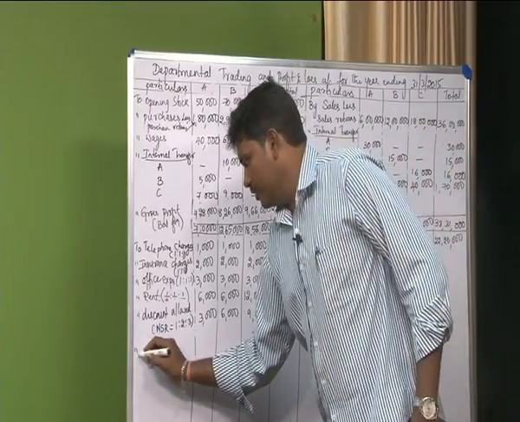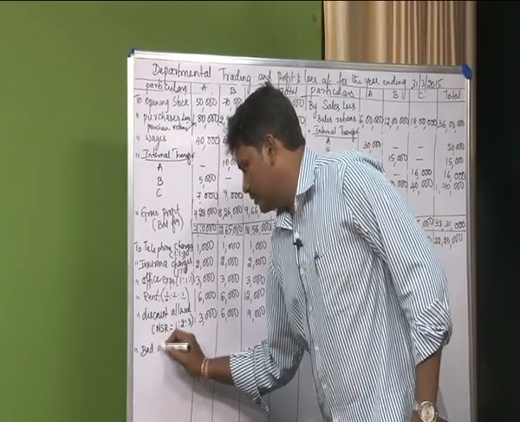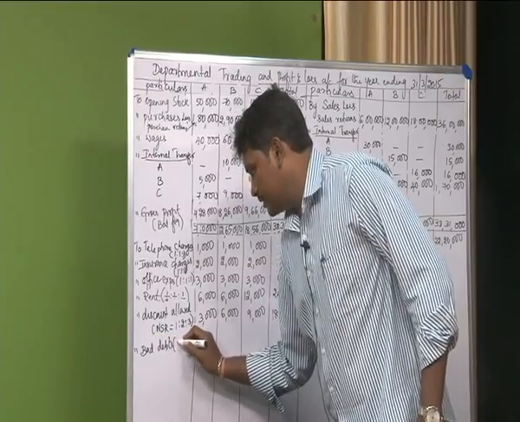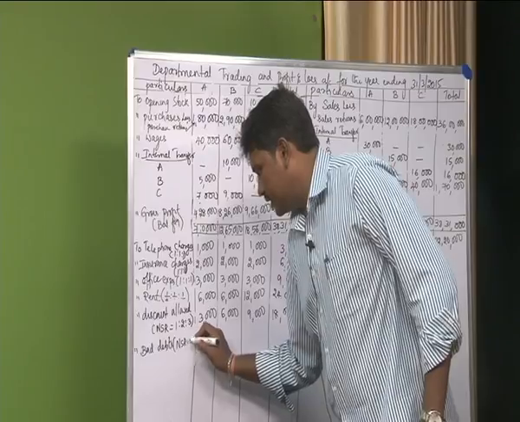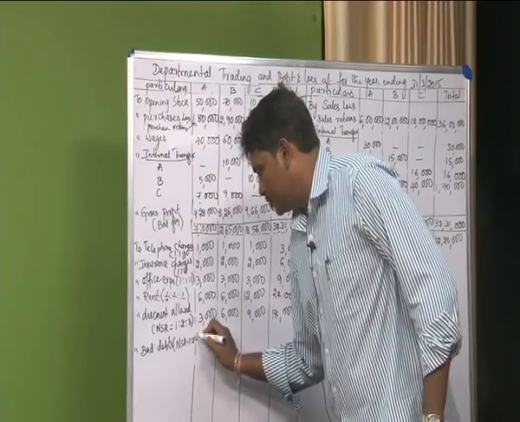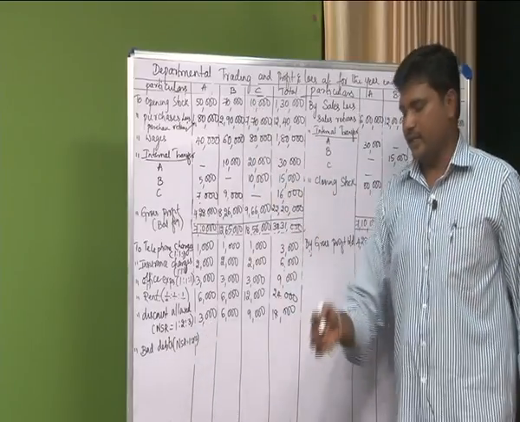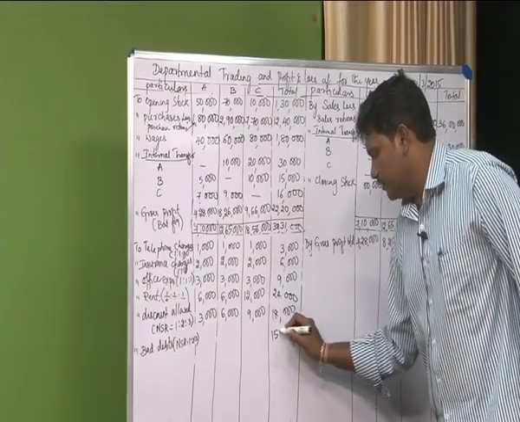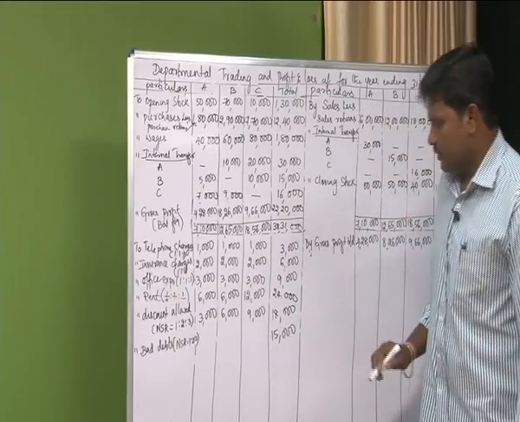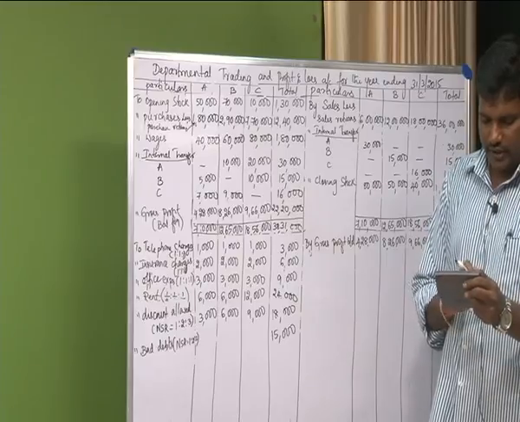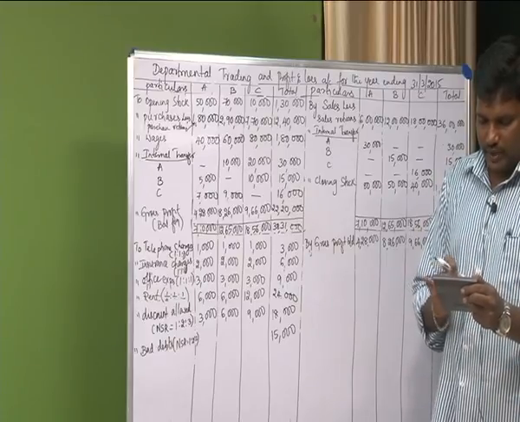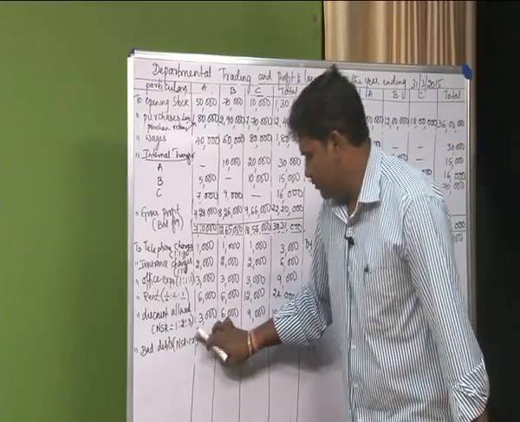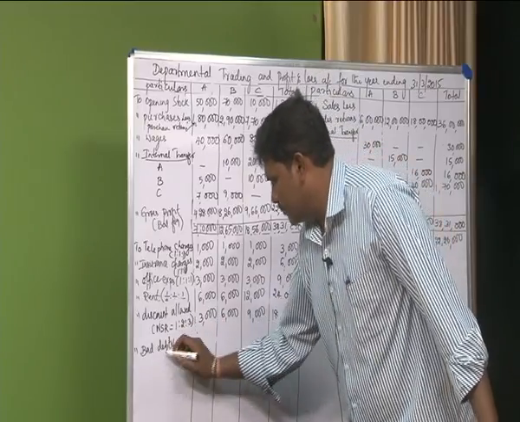Similarly, let us take bad debts. Bad debts is also distributed in the net sales ratio, which is 1:2:3. Total bad debts, as we saw in the adjustment, was 15,000. So 15,000 into 1/6 is 2,500.